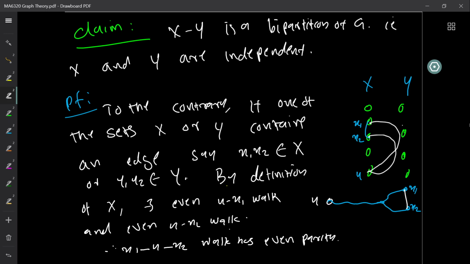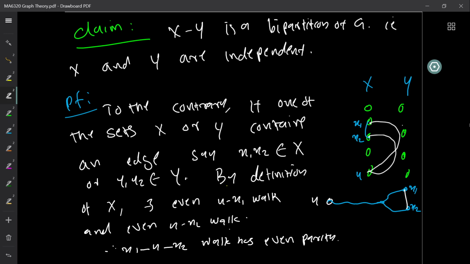Now, if I look at the x1 to u walk and u to x2 walk, that has even plus even, which is even length. But now, if x1, x2 is an edge, then that gives a closed walk of odd length. So this contains an odd cycle, which is a contradiction.